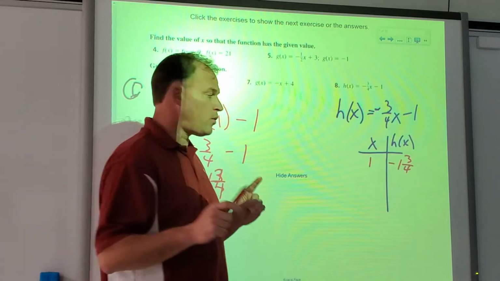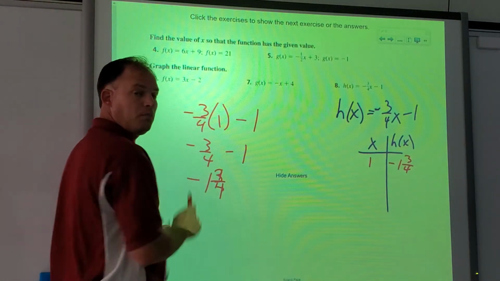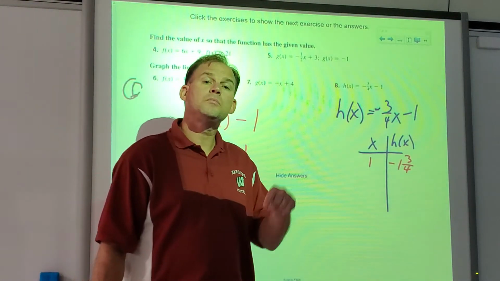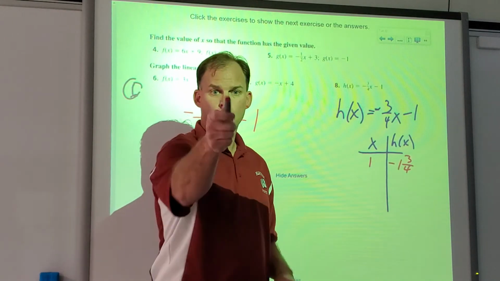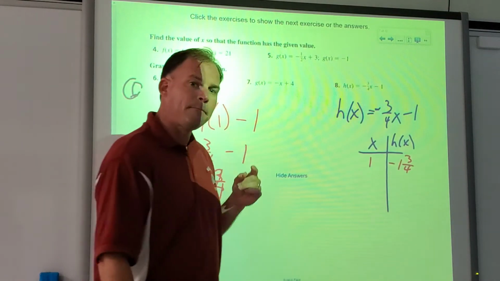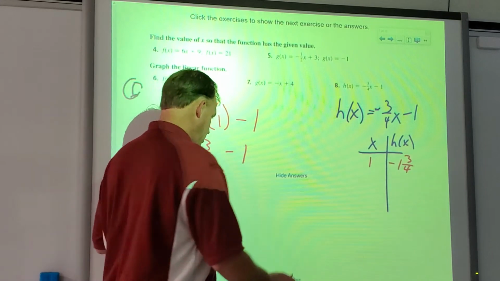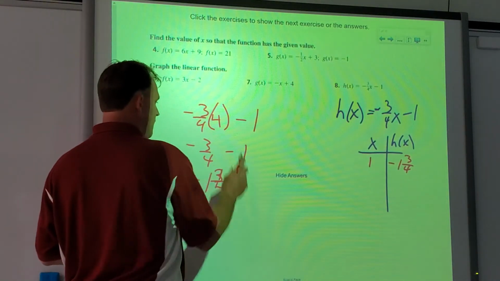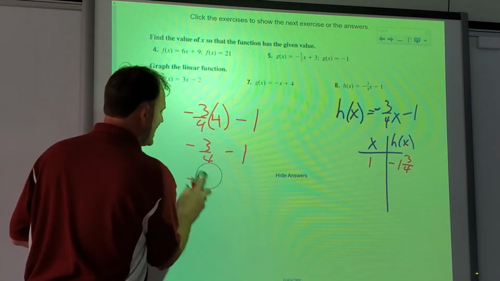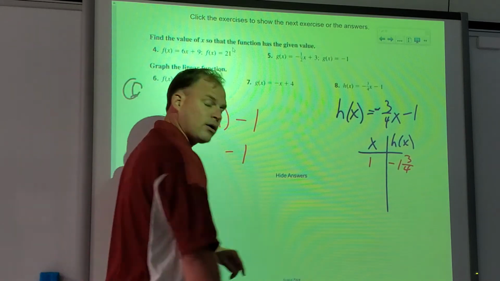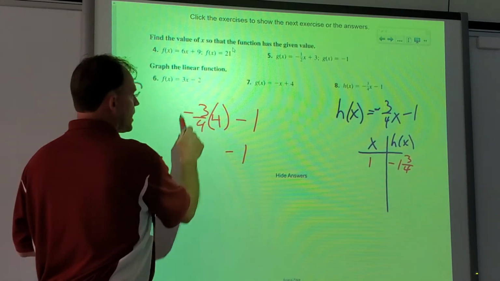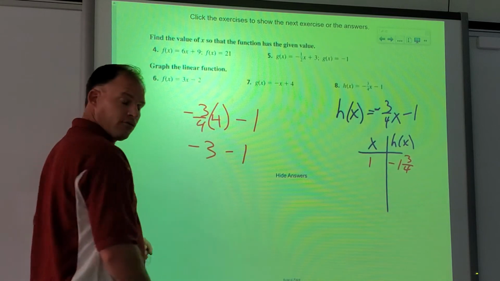If you want to avoid fractions, the numbers you plug in should be multiples of the denominator. Write that down. Multiples of the denominator. So if I plug in 4, now, and you may need a calculator for some of these, when I multiply this together, I'm going to get -3.